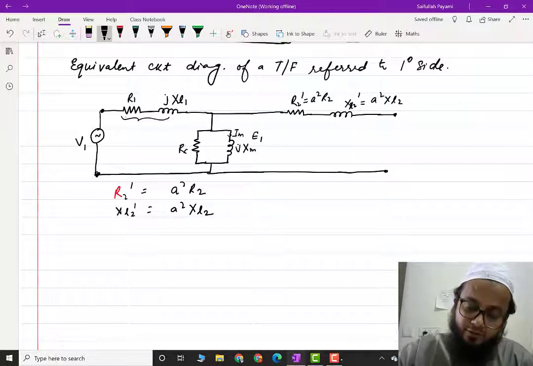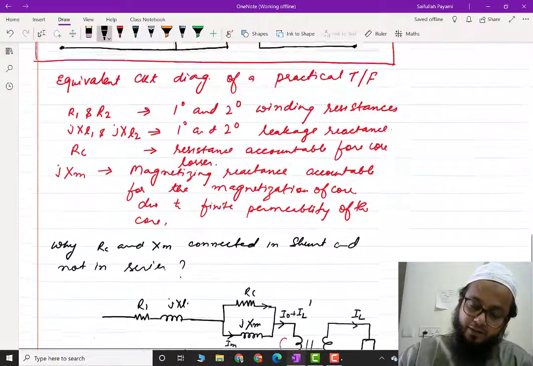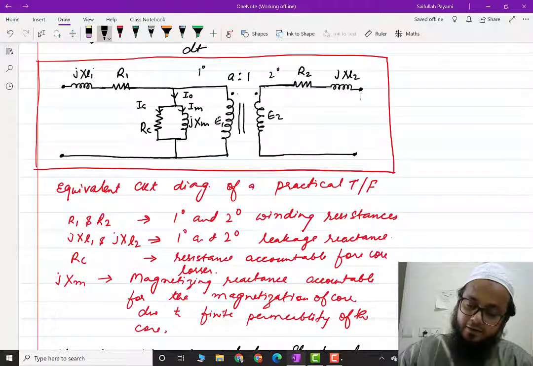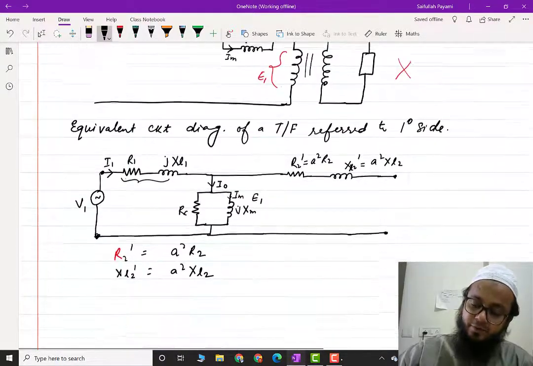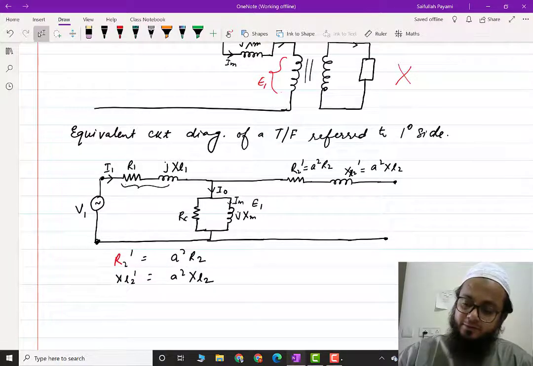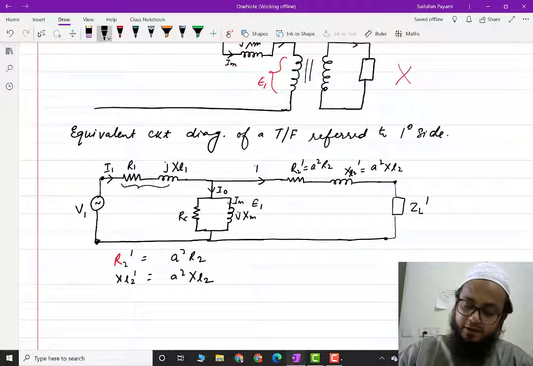Here would be I0 and here it would be I1, and if you have connected a load at the secondary, this load can be referred as well, here with ZL dash, and here you will have a current I2 dash.